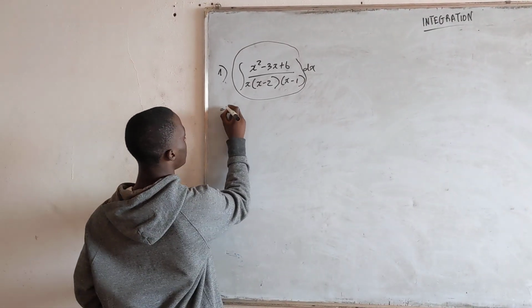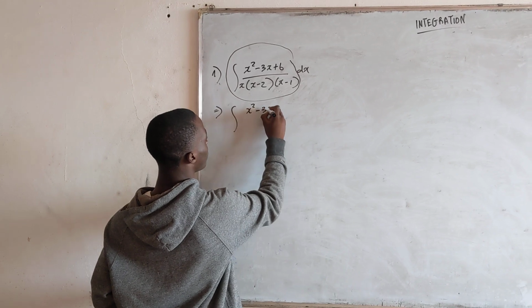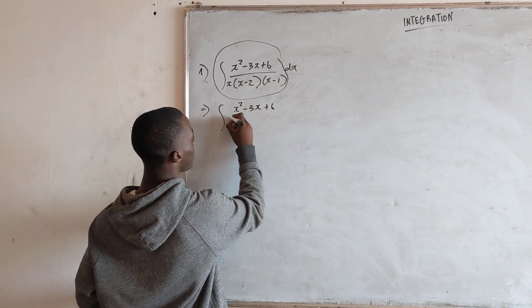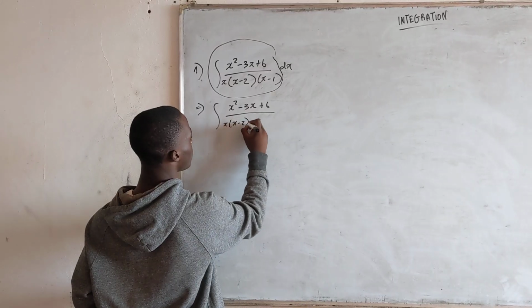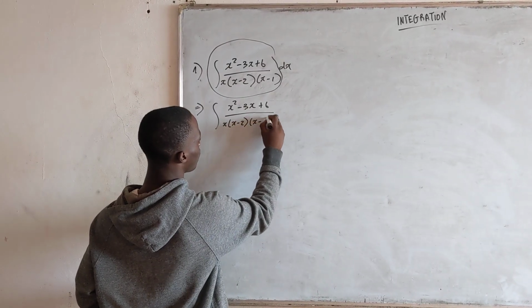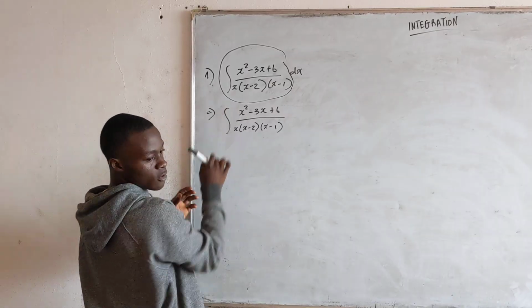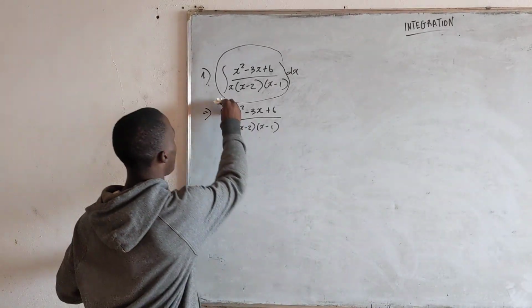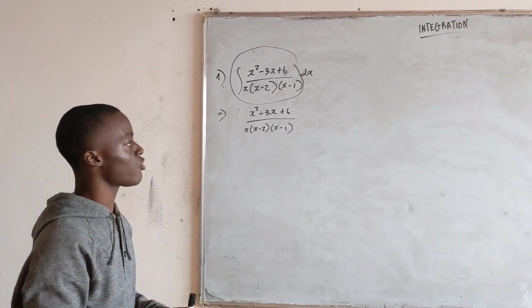Okay, the integral of x squared minus 2x plus 6 divided by x into (x minus 2)(x minus 1). Oh, sorry, let me just write this integration part. We are going to convert this part into partial fraction.